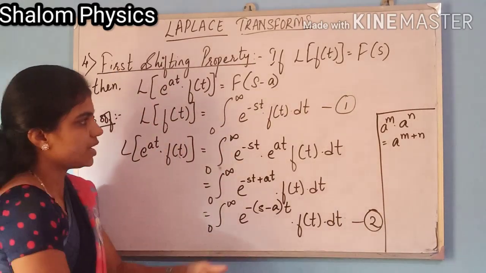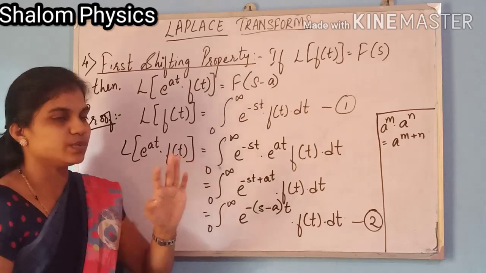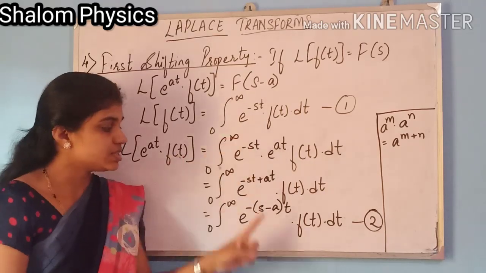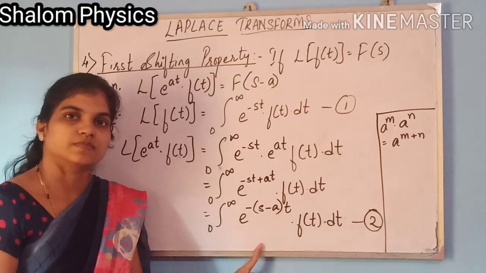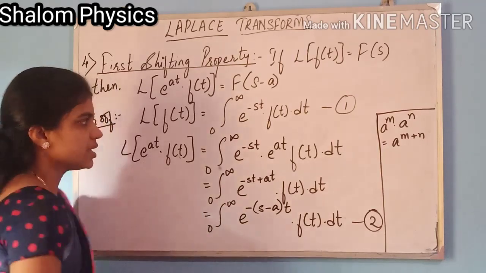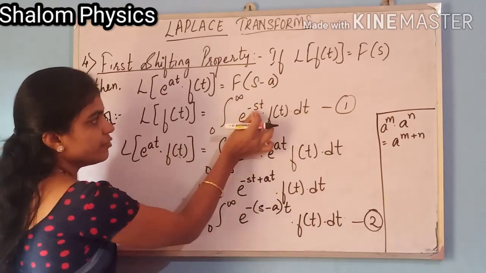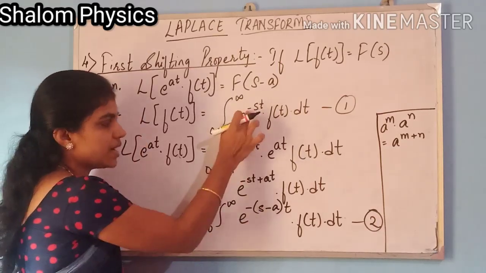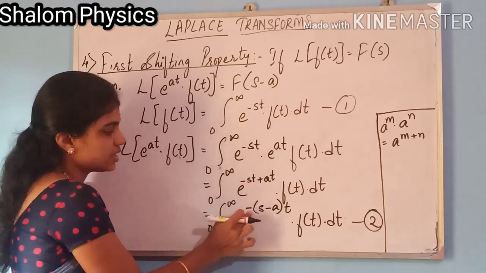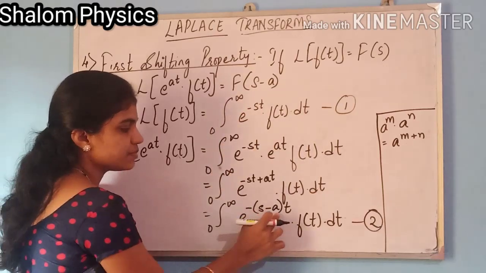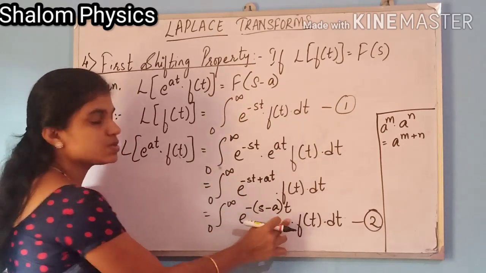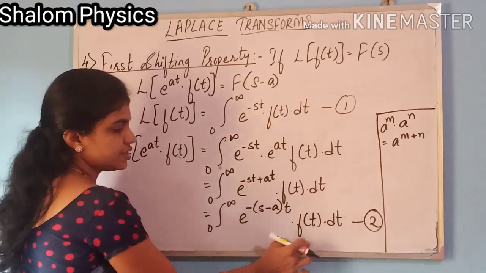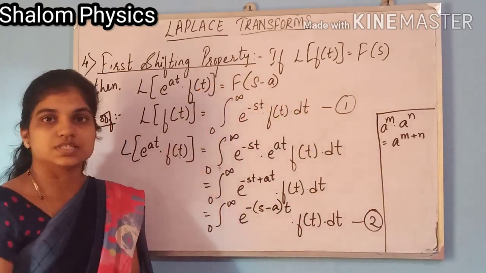Now if I compare equation number 1 and equation number 2, are these both the same? Obviously, because where I have s, I have s minus a. Minus is there outside. Instead of s, I have s minus a, and t is also in the same place, f of t dt. Everything is the same.